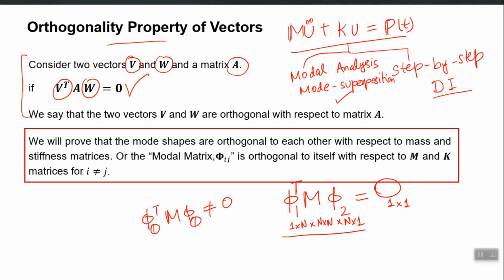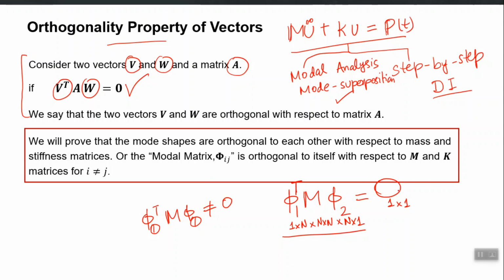Whenever you have any two different mode shapes and you put phi1 transpose m times any other mode shape, the product will be 0, and it will be non-zero only when you have the same mode shape on both sides. So phi2 transpose m phi2 will be non-zero, but phi2 transpose m phi1 is 0, right.